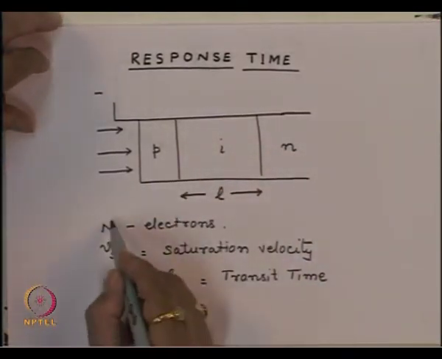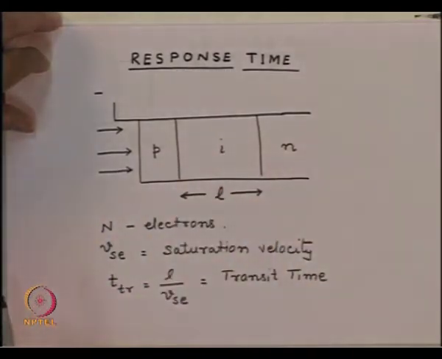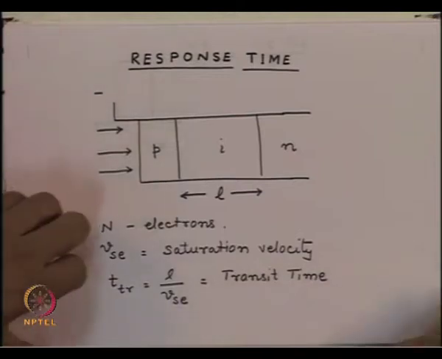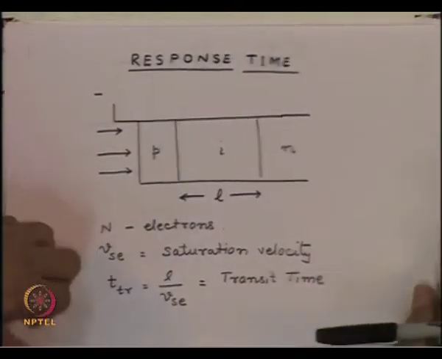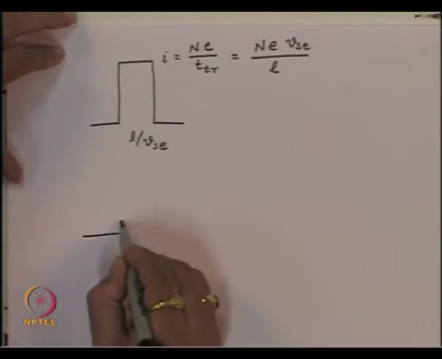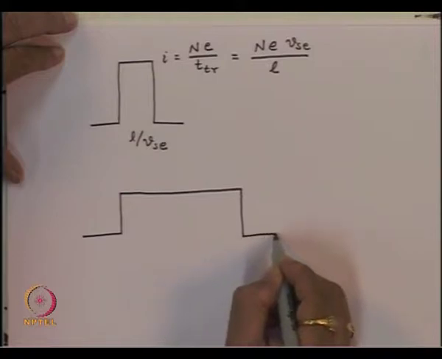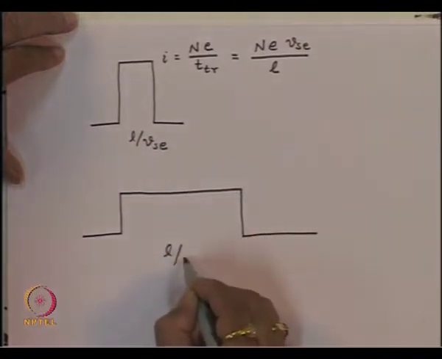So, if you have n holes crossing this intrinsic layer, then the transit time will be L divided by the saturation velocity for the holes, and a current pulse will flow in the external circuitry for a period of L divided by the saturation velocity for the hole.